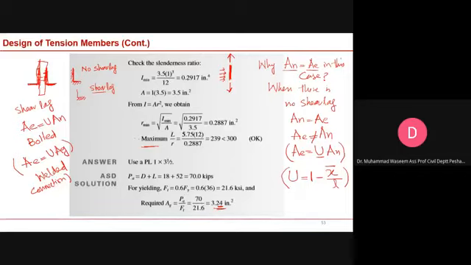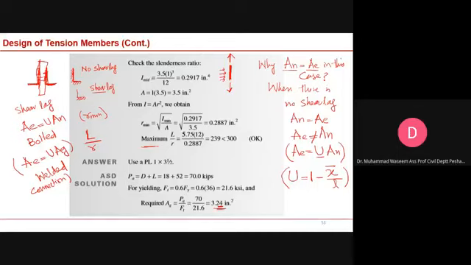As I told you, we can check the stability by this simple formulation, L by r, where r is the radius of gyration, equal to the square root of I by A. You have to use the minimum radius of gyration.